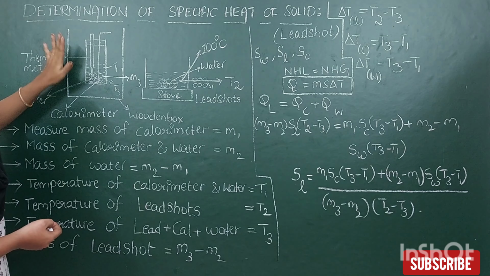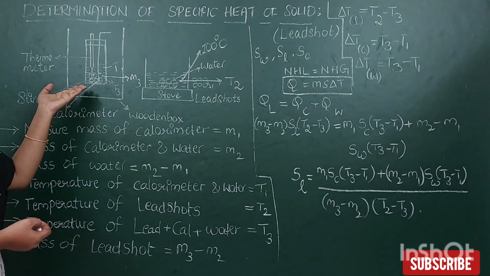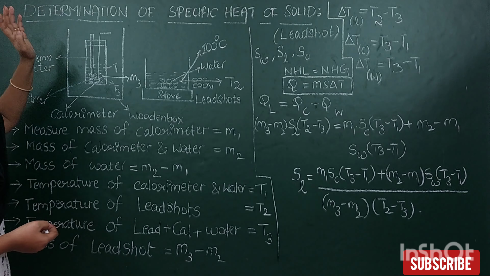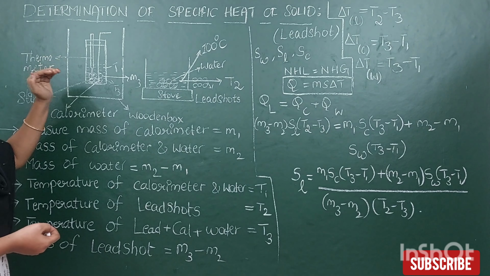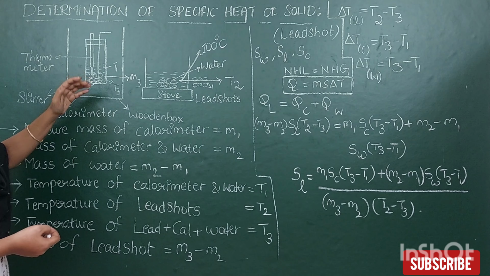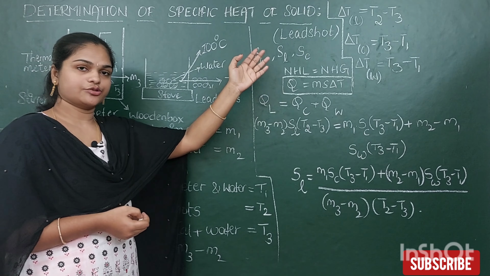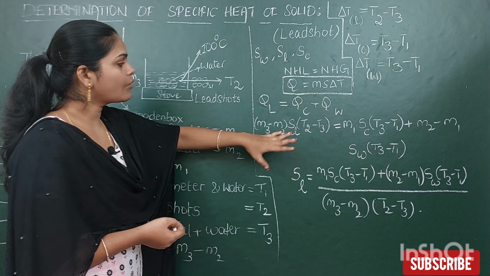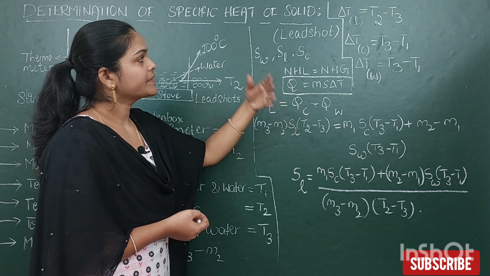At that time there is no rise in the thermometer, but when you mix the lead shots into it, the thermometer reading will rise, and after a certain time the lead shots and water reach the same temperature. At that point, net heat loss is equal to net heat gain. We are going to find the specific heat of a solid, that is lead shots.